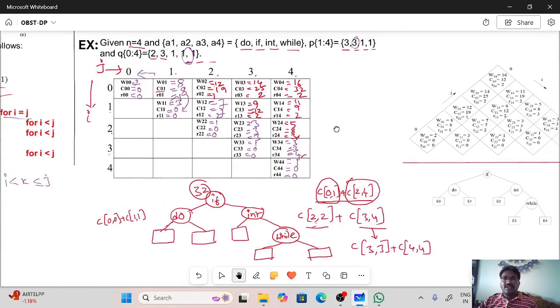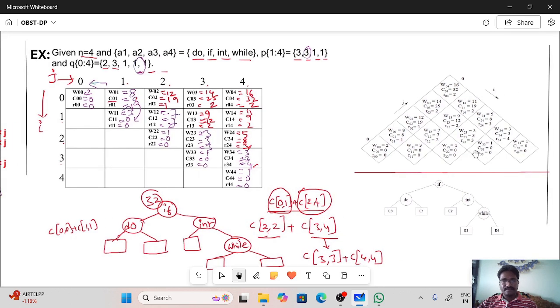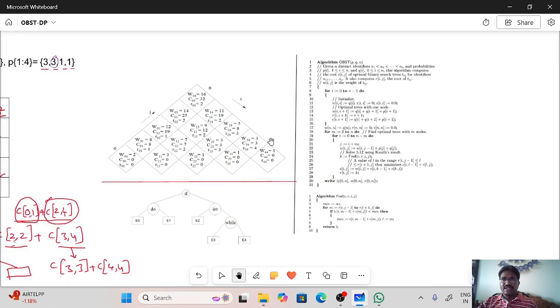So this is about the optimal binary search tree. My dear, in some textbooks the trees may look like this, with this at the top and this in a triangle shape. Don't worry, when it is at the top, what about this one? J, and what about this one? I. So this is about the OBST, and this is about this algorithm.